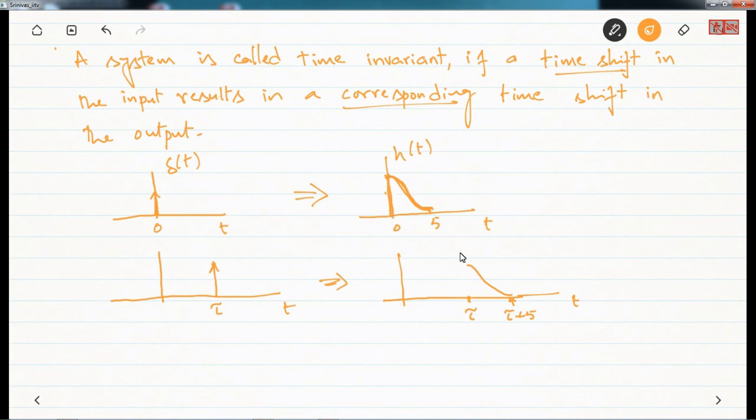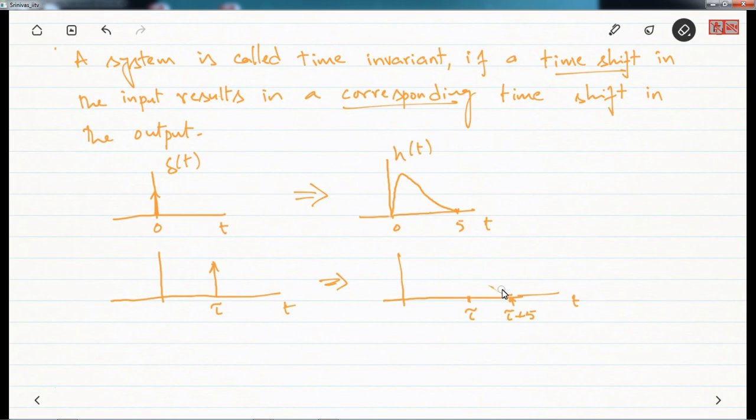Sorry, this is a very unrealistic system. So let me write down the response of a more realistic system. So this is 5 units. This is the impulse response for the impulse applied at time t equal to 0.